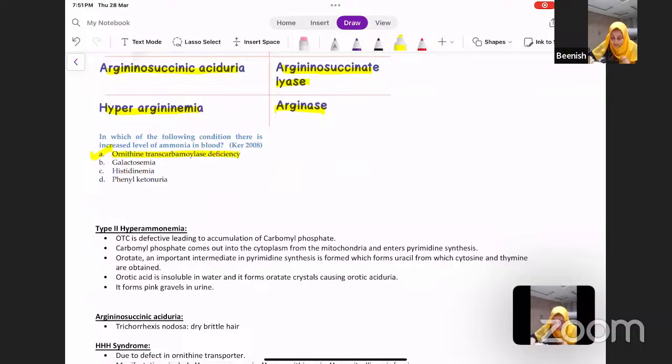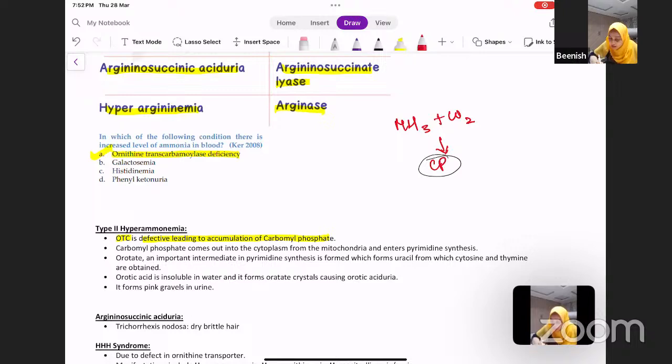Now let's study a peculiar thing about hyperammonemia type 2, that is its distinguishing factors. Your ornithine transcarbamylase is defective, leading to accumulation of carbamoyl phosphate. Let's see how. In the first step, ammonia was combining with carbon dioxide to form carbamoyl phosphate. The first enzyme was present, so carbamoyl phosphate is formed.